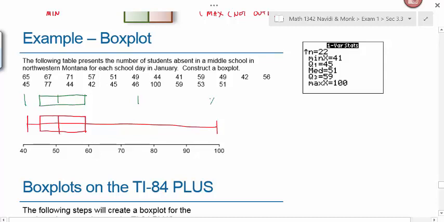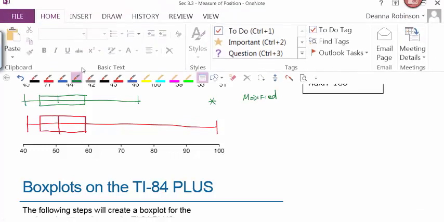And then we just put an asterisk for our 100 to show that it's an outlier, and this would be our modified box plot. The reason you may want to look at a modified box plot is because you can tell something about the shape of the distribution if you didn't have that outlier there. This looks almost normal, and we'll talk about the shape of a distribution looking at box plots in just a second. This was modified, and this is just a regular box plot.